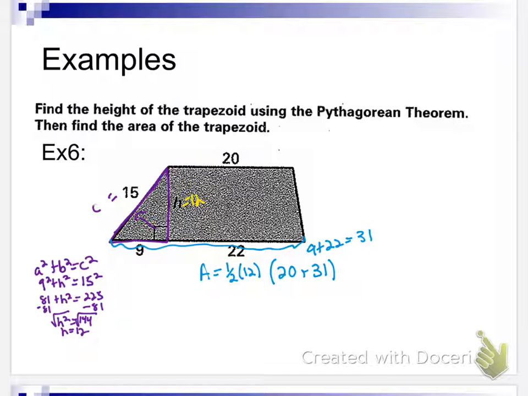Okay, half of 12 is 6. So you end up with 6 times 31 plus 20, which would be 51. So 51 times 6, 306. No units, so we could write units squared. Okay, nice job.